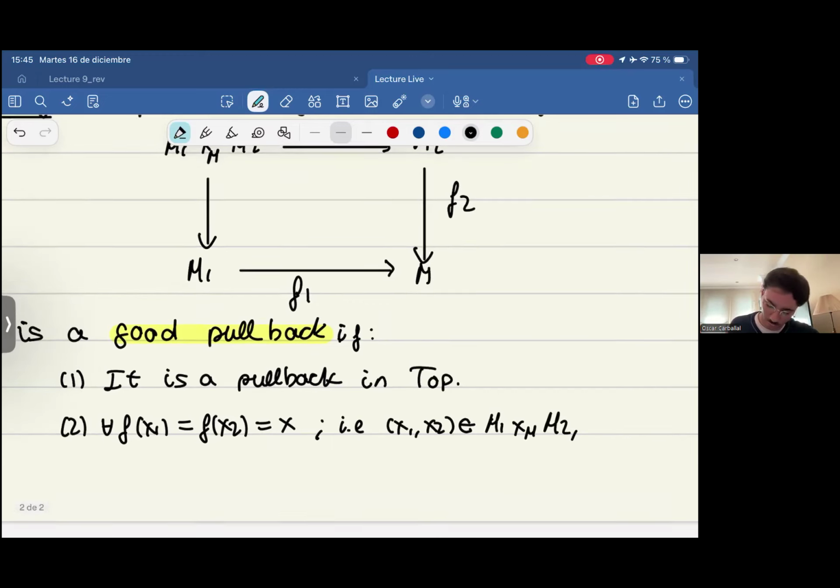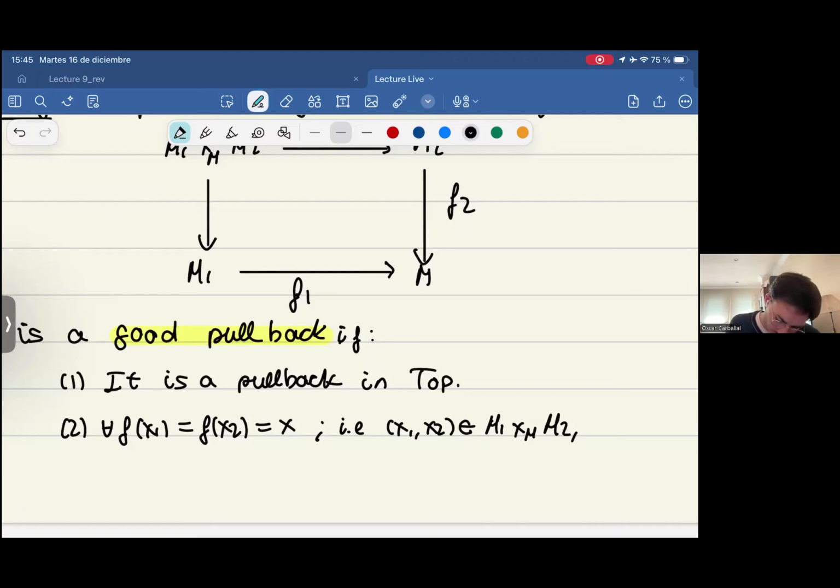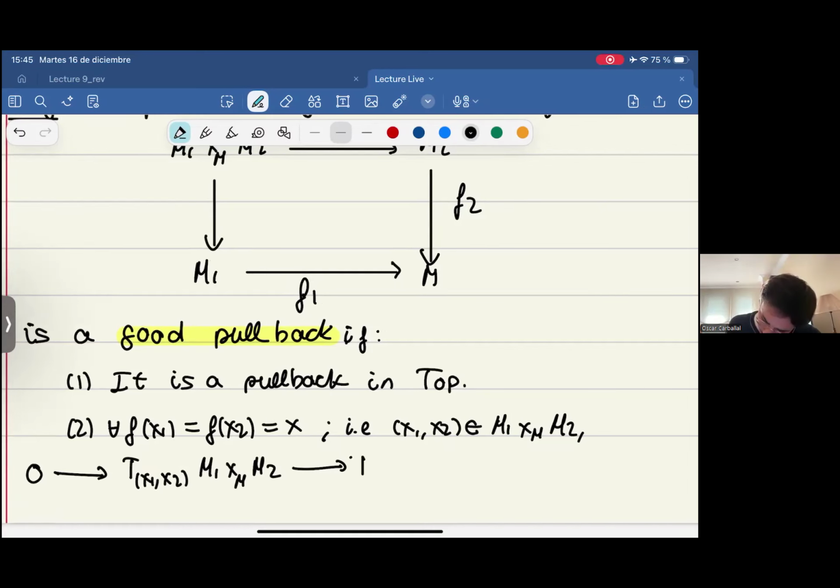We have the following sequence of vector spaces. Here is just the inclusion, right? And the crucial point is this arrow here, let me write it in red, which is the tangent map of F1 at x1 minus the tangent map of F2 at x2.